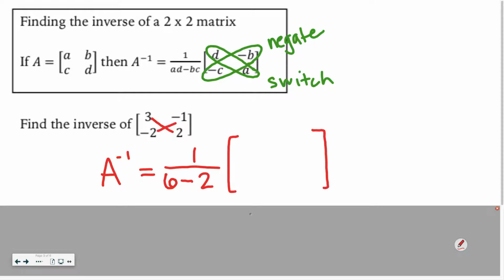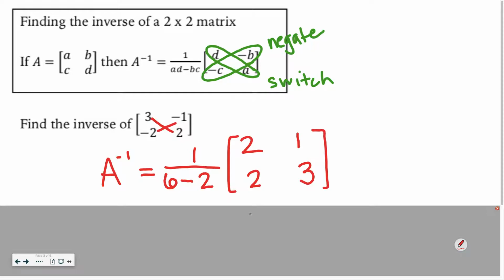And then what we need to do is switch A and D. We're going to switch that first diagonal. And then we need to negate the other diagonal. So -1 and -2 actually become positive. What's this number right here? 1/4.